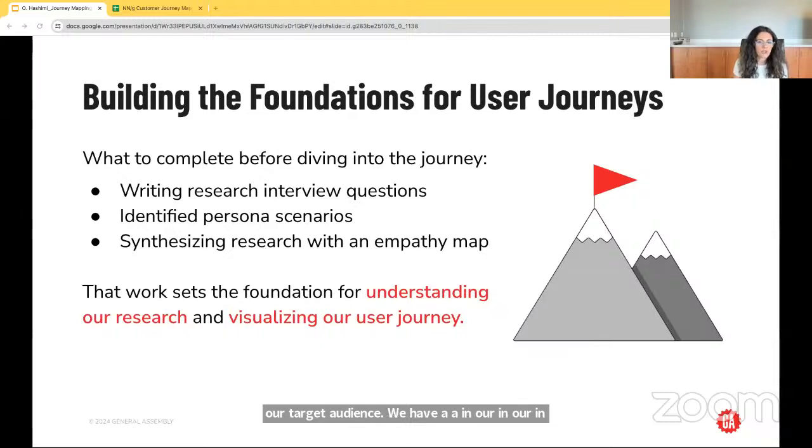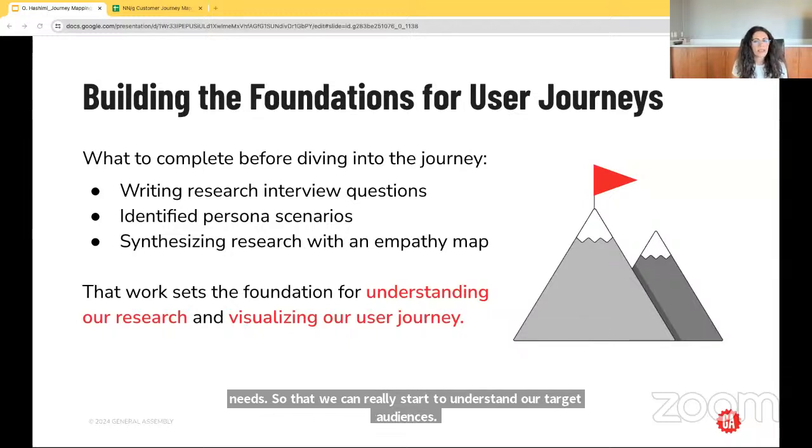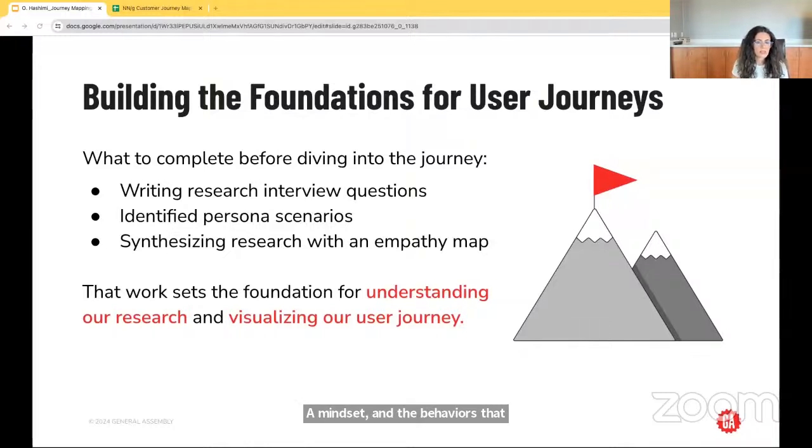In our approach, we are able to gather an understanding of their goals, their frustrations, their wants, their needs, so that we can really start to understand our target audience's mindset and the behaviors that drive them to make the decisions that they do.